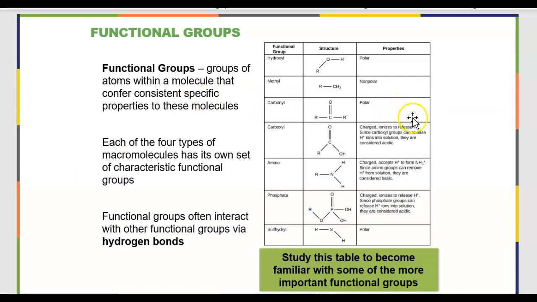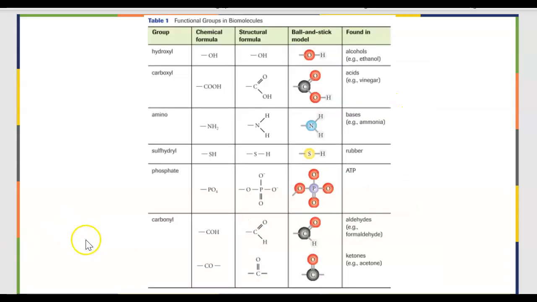You can see on this table it's not very clear, so I put a bigger version of it on the next slide too. If we have an OH group, which is called a hydroxyl group, it is a component of things we call alcohols.